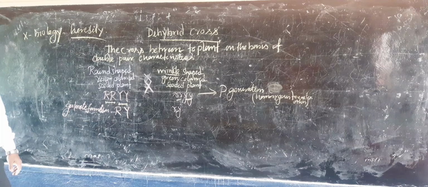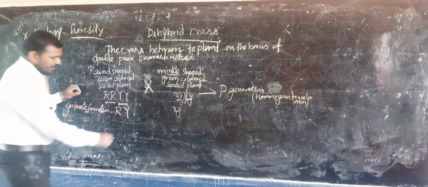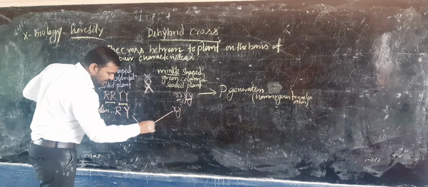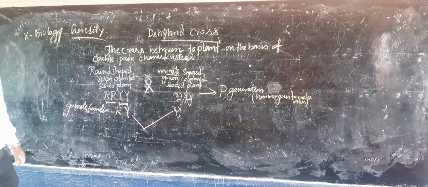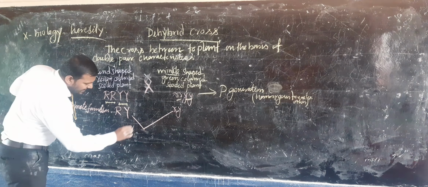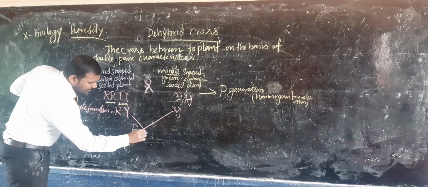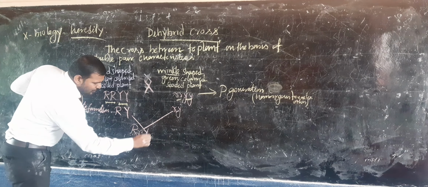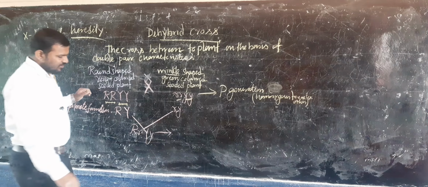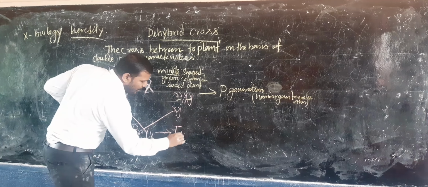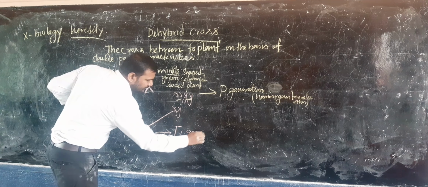Now fertilization will take place. The fertilization between the gametes will produce the new offspring having capital R, small r, capital Y and small y. These are the first generation, indicated by the F1 generation.